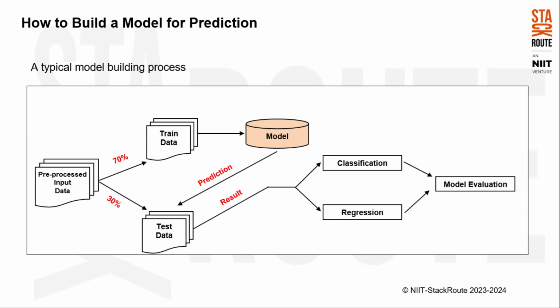So the approach is slightly different, but the way the model is built, tested, and implemented is pretty much similar. So this is how a model is built in any AI, ML or DL technique.